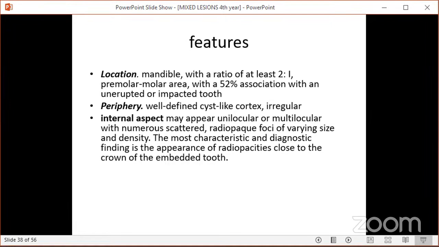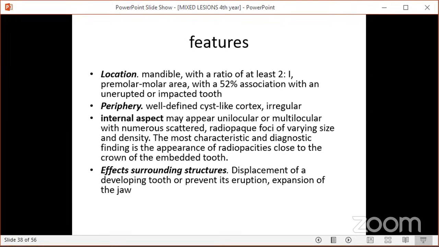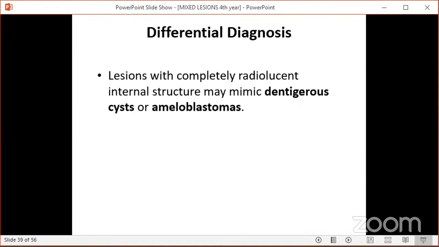So the most characteristic and diagnostic finding would be the appearance of these radiopacities, which are close to the crown of an embedded tooth. We'll see an example of that. And then the effects on the surrounding structures: it may displace a developing tooth, or it may prevent its eruption. It can also cause expansion of the jaw.